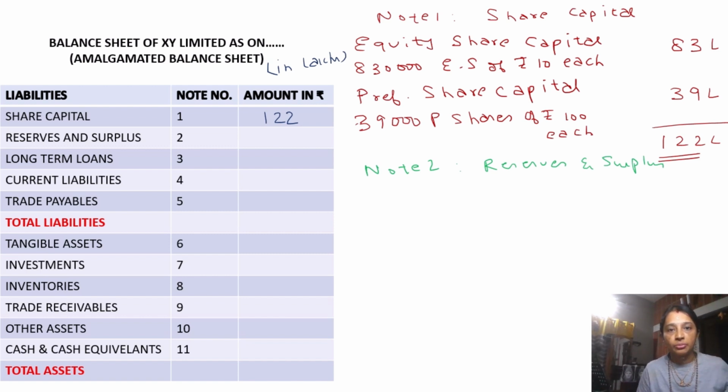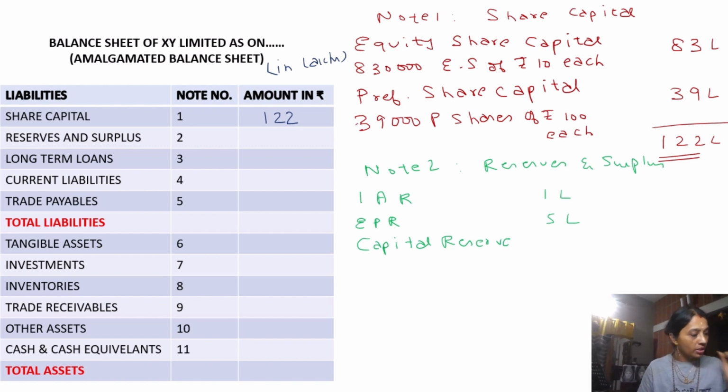So the first one being investment allowance reserve. Investment allowance reserve amount is 1 lakh. Then export profit reserve. Export profit reserve is 5 lakhs. Then you have capital reserve, the balancing figure which you got from the second entry.